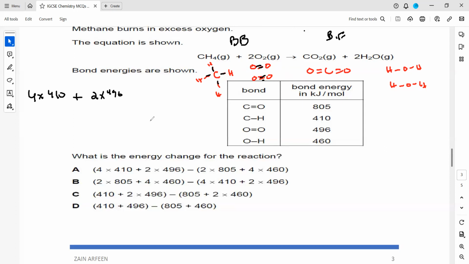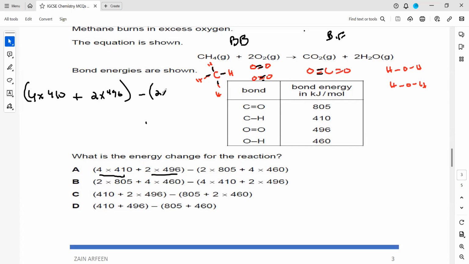If you see even option A, 4 multiplied by 410 and 2 multiplied by 496, none of them have this value. So when I start to write, this is the bond breaking side minus the bond forming side. Two C=O bonds are there. What is a C=O bond? 805.